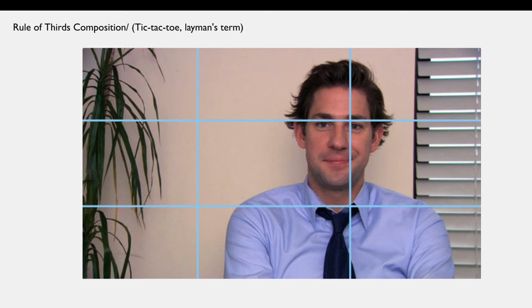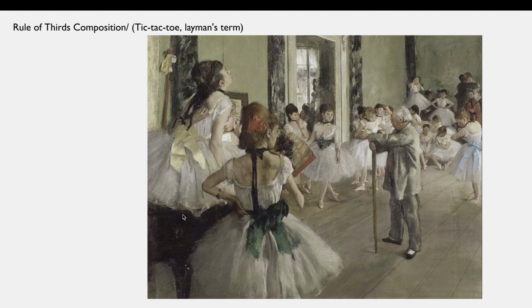Here's an example from The Office. Here's Jim. We can see him classically staged right here on those main connection points where our grid lines intersect. We can also see this, however, in paintings as well. We have a nice grid line appearing here, also a grid line appearing here, on the ballet teacher himself, and also on the ballerinas. So there's really nice implied lines that can be broken down into images that you can start using.